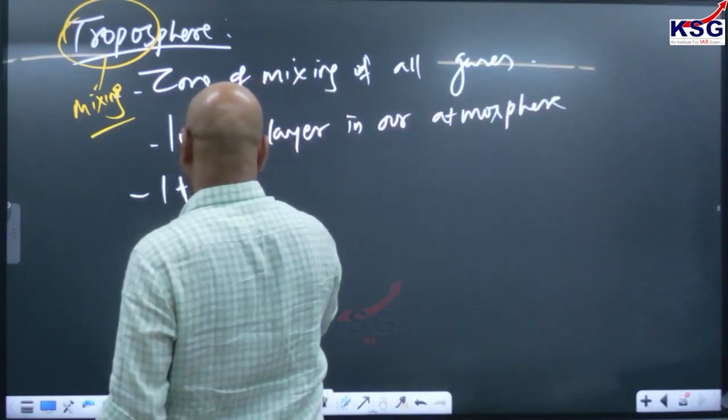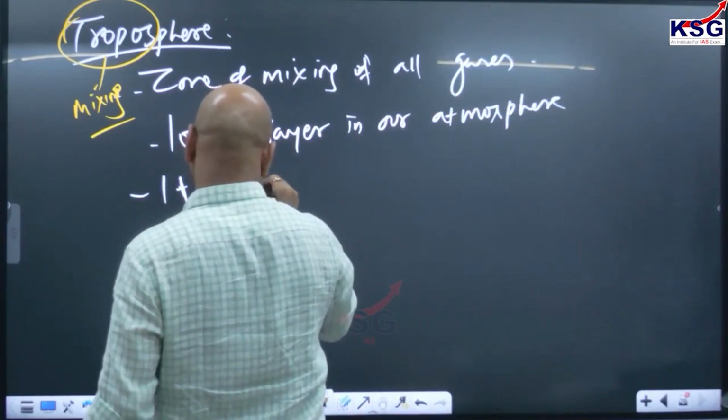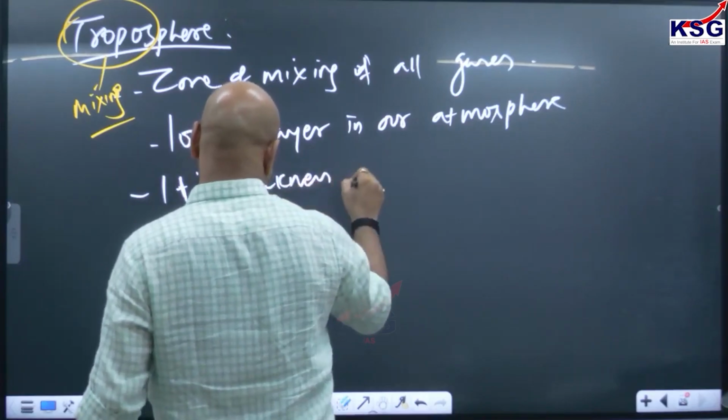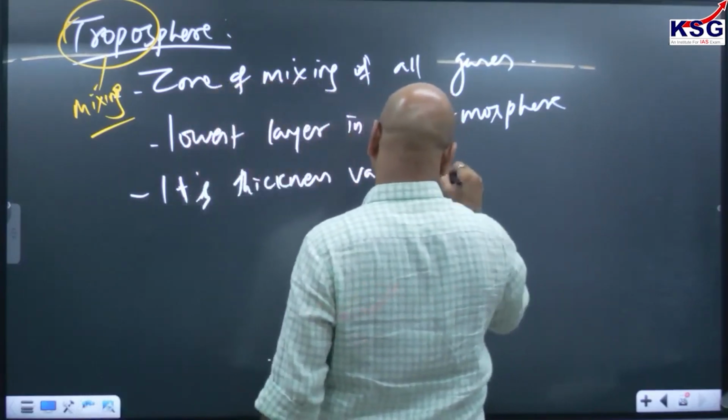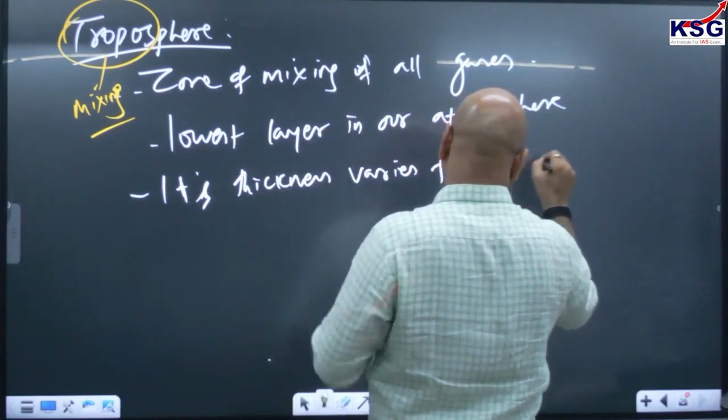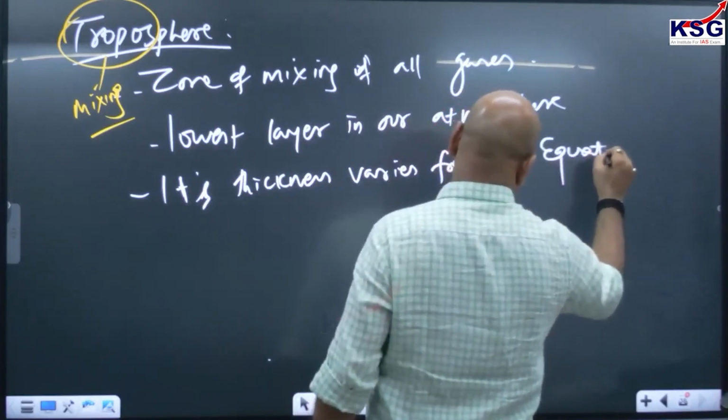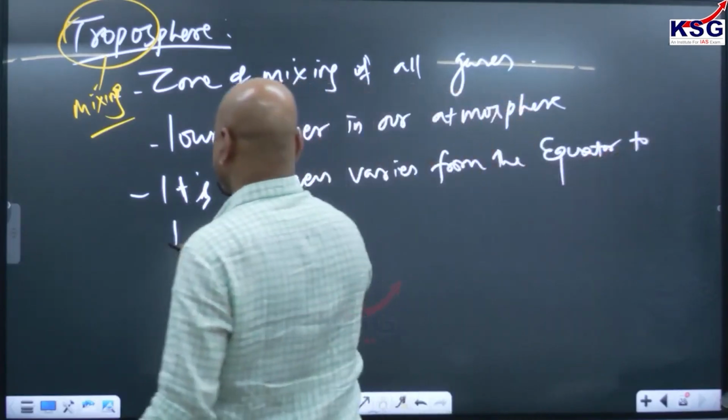Its thickness varies from the equator to the poles.